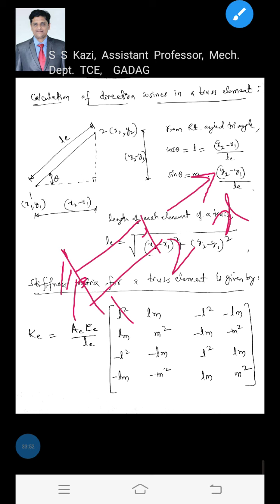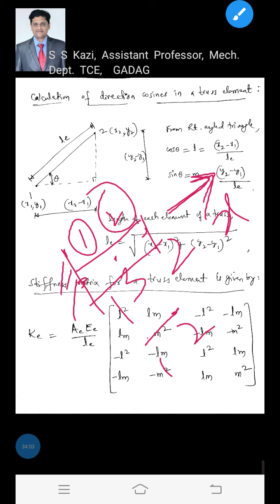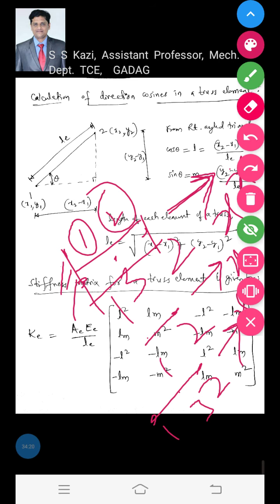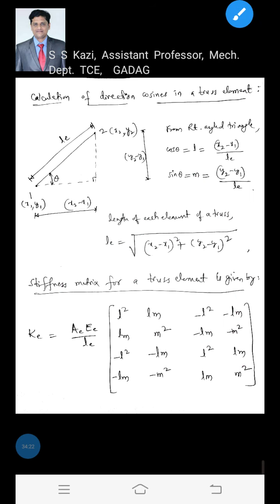If you consider two elements, in local coordinates each element is going to displace only in x direction. If you consider the entire structure globally also, each node is permitted to displace only in x direction. That is, the local coordinate is x and the global coordinate is also x. The local and global coordinates are the same in case of a bar.